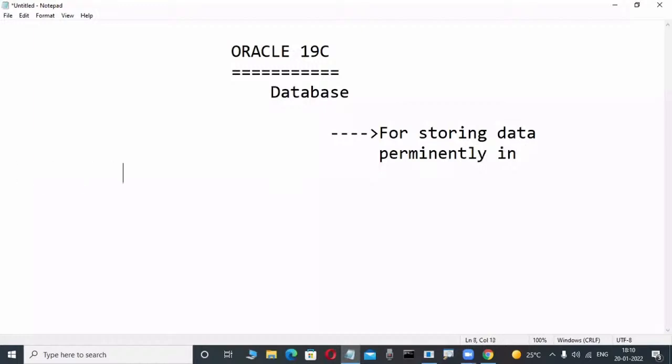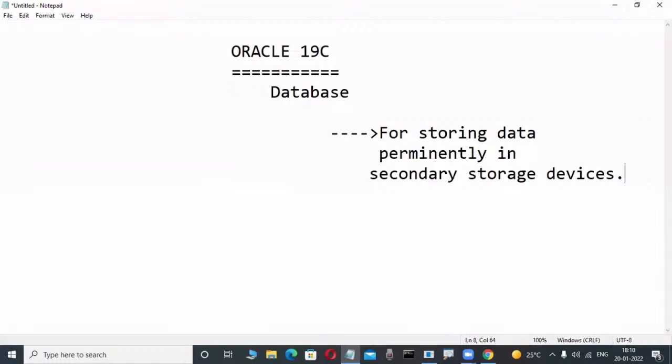Secondary storage devices means maybe hard disk. Suppose today we store our data, after 5 years, 10 years, 20 years, 100 years, your data is also available.